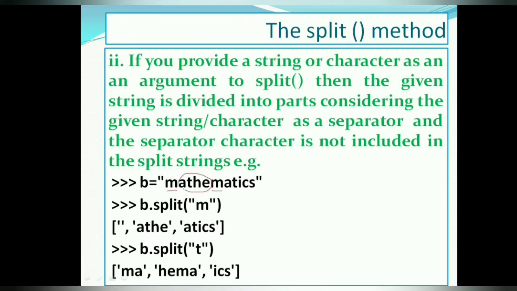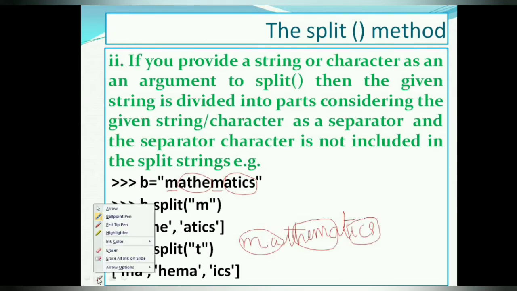Here m is not included in the split strings, as you can see. If we pass t as the separator, then we will have three strings. The first one is 'ma', 'hema', 'ics'. These are the three elements of the list, and t is not included in the split strings.